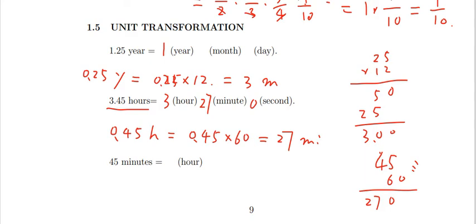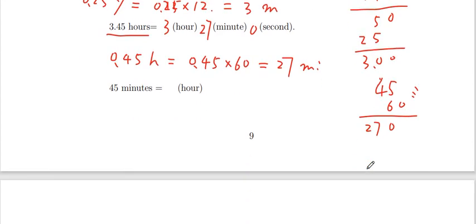Now if we change minutes to hours, we just divide by 60, right? So 45 minutes equals 45 over 60 hours. We can change this to a fraction or to a decimal.